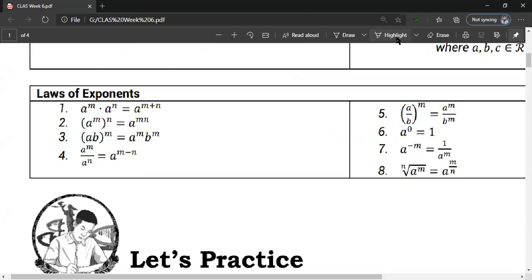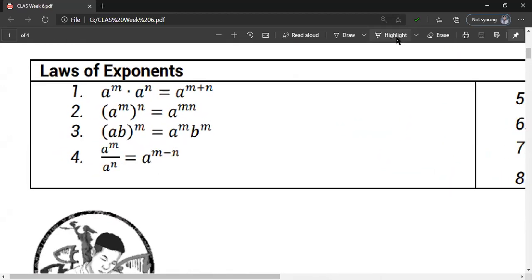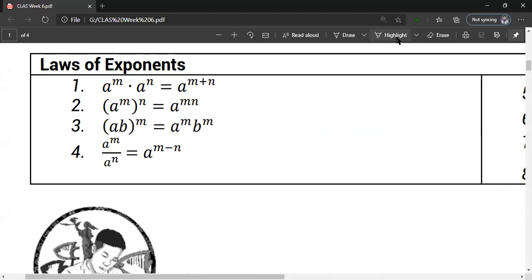Now, let's proceed to the laws of exponent. I know that you already learned this in your grade 7, I think, or grade 8 mathematics. So this topic would be easier ngayon since we are just reviewing. And I will just recall to you and give, I guess, some one example per law.